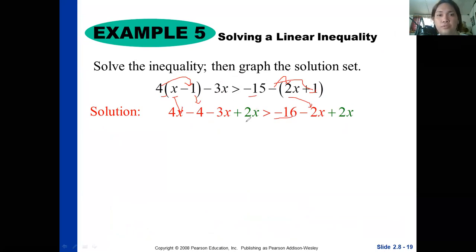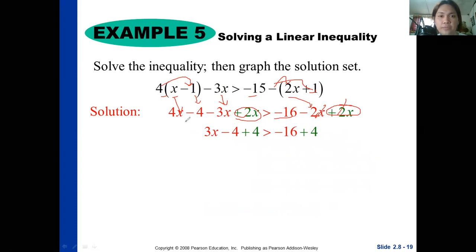So we copy negative 3x, then we use the addition property of inequality by adding 2x to both sides of the inequality. So we can eliminate this one. Why 3x in here?